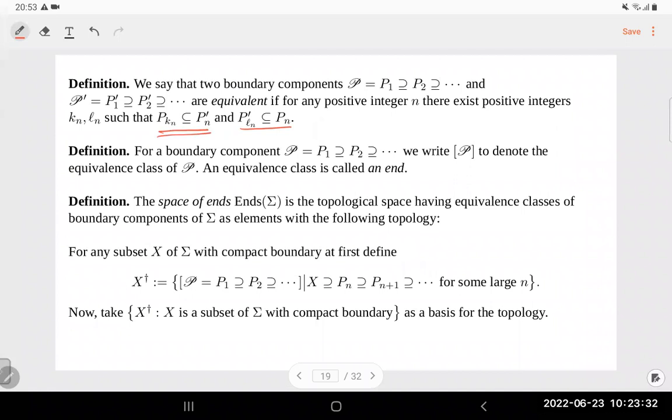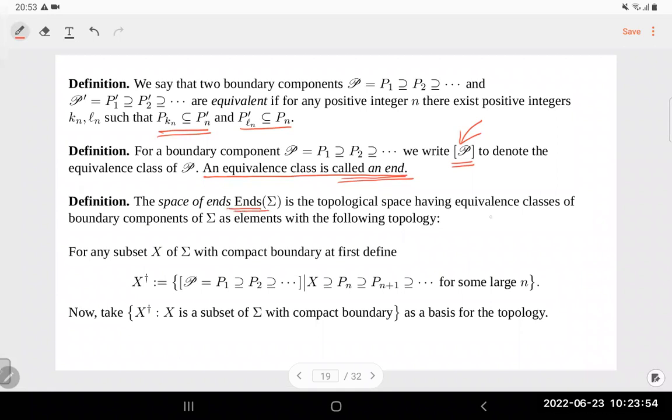You can check easily that this is an equivalence relation. I will denote the equivalence class by this, and an equivalence class will be called an end.